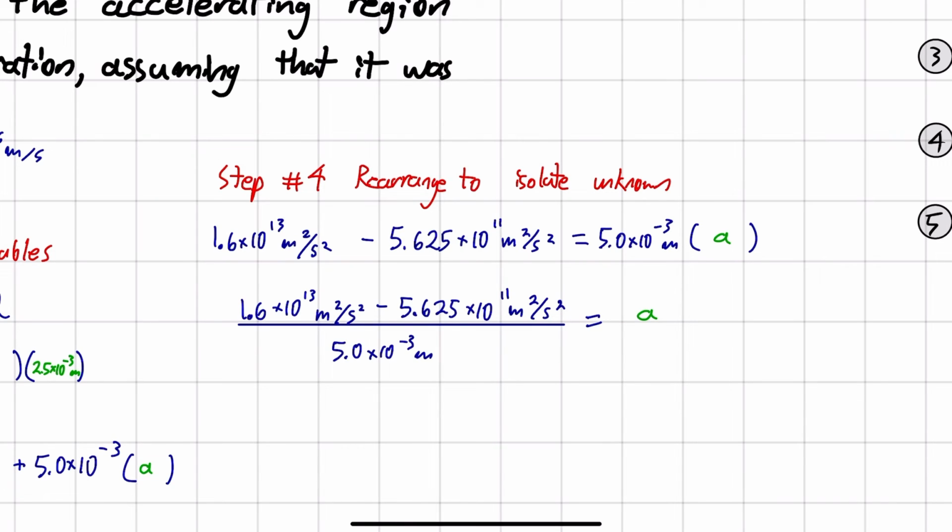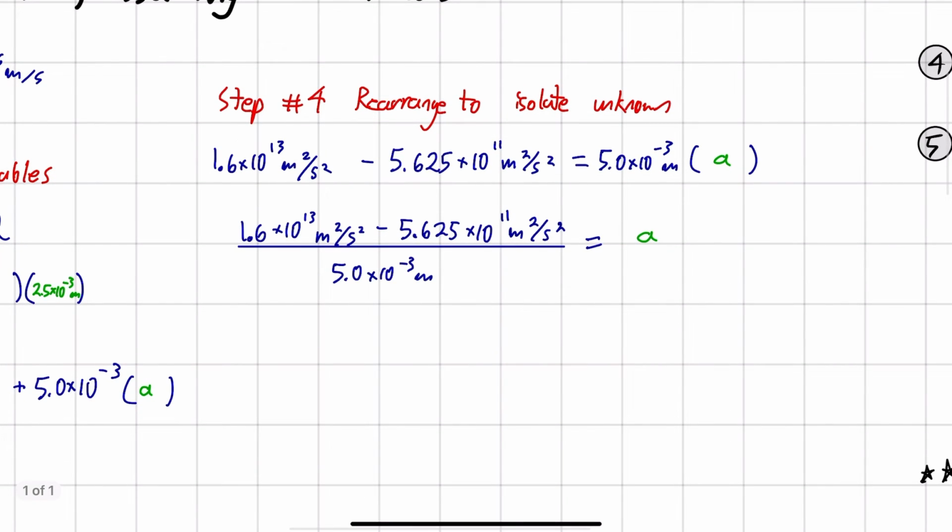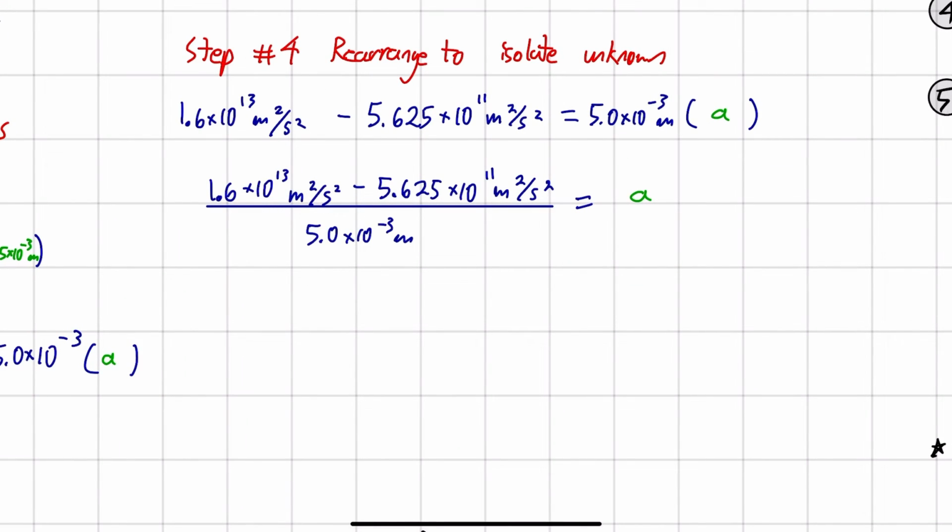So now that we have our a isolated, we can now plug in this big mess into our calculators. And I recommend that you try this along with me. I got an answer here of 3.0875 times 10 to the 15 meters per second squared.